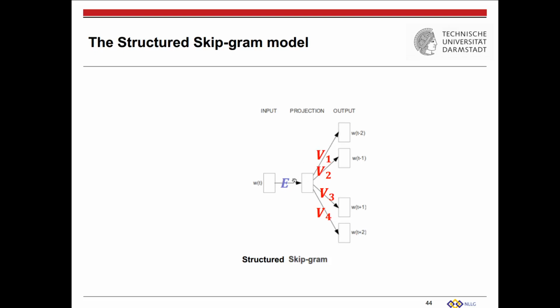So the word embeddings that result from this new model are different than those that result from the original word2vec model with one common V on all of the arrows.